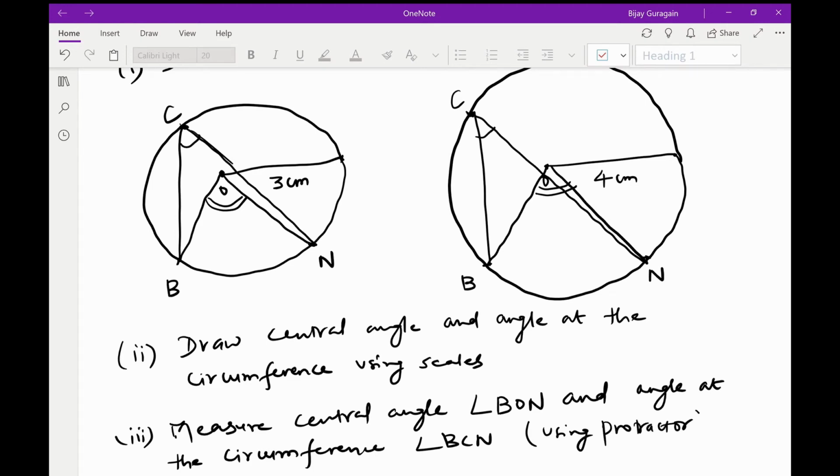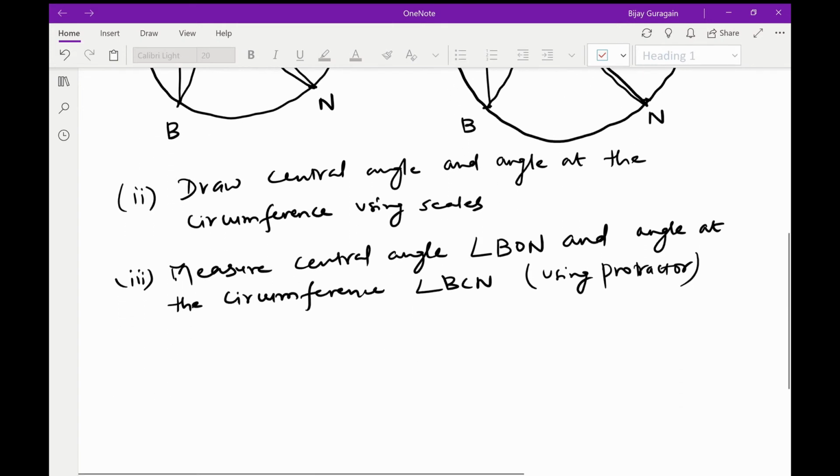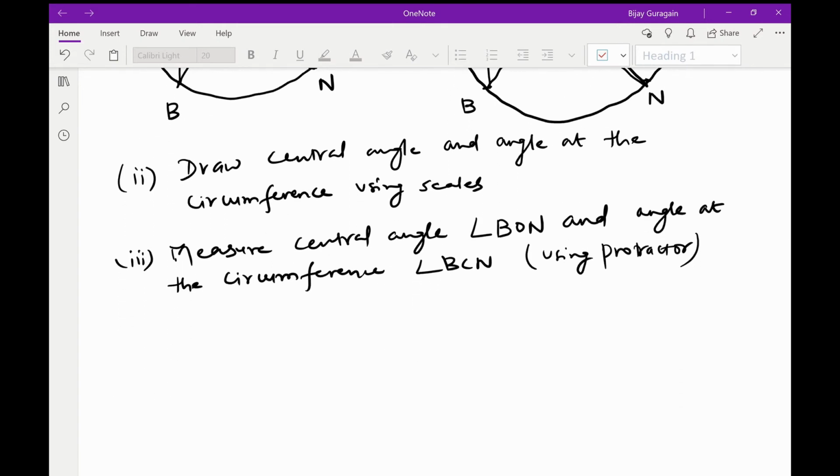So you should use protractor to measure the angle BON and angle BCN. Now let us tabulate the results.